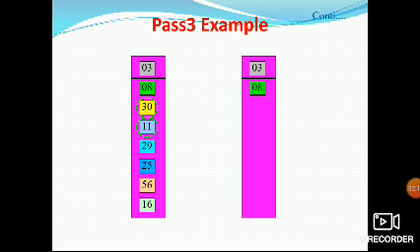The first element is compared with n minus 1 elements, the second element is compared with n minus 2, and the ith element is compared with n minus i elements.